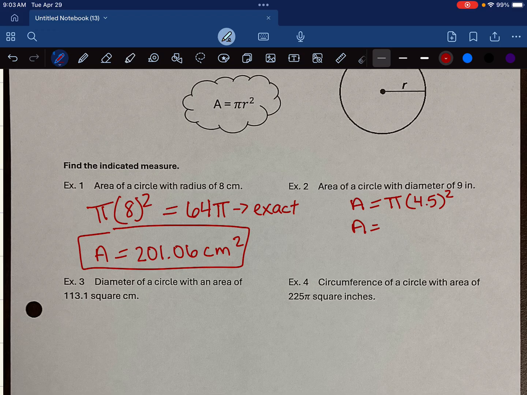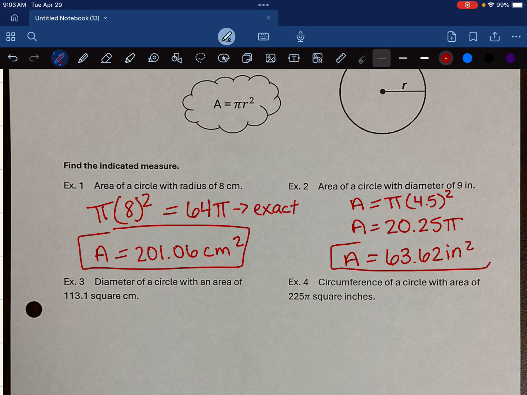Well, we have to square 4.5. 20.25 pi, then just go ahead and multiply that by pi to get a rounded answer. Should be 63.62 square inches, or inches squared.